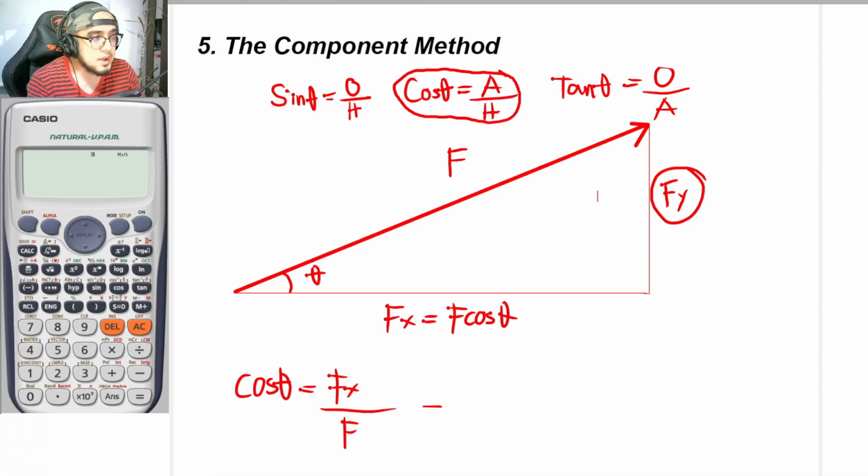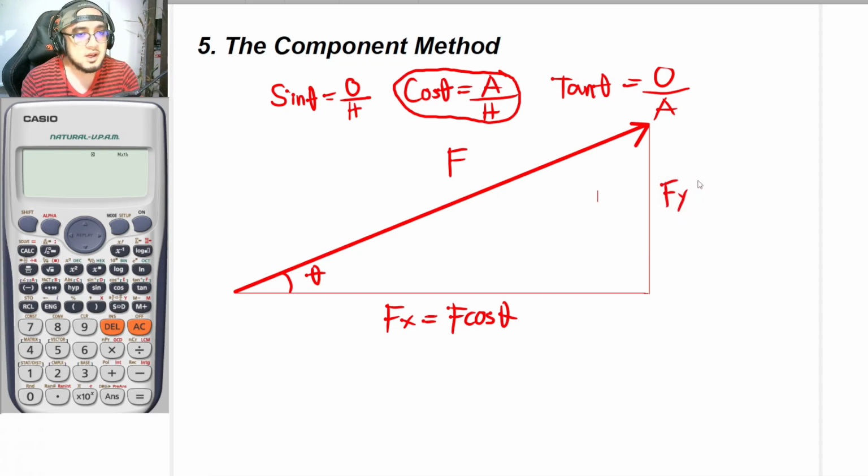So we already know the value for our Fx, and we also need the value for our Fy. Actually, not yet. For the value of our Fy, we will be making use of this.